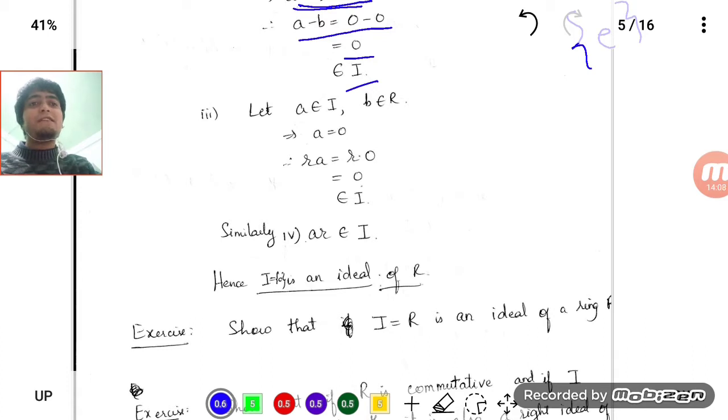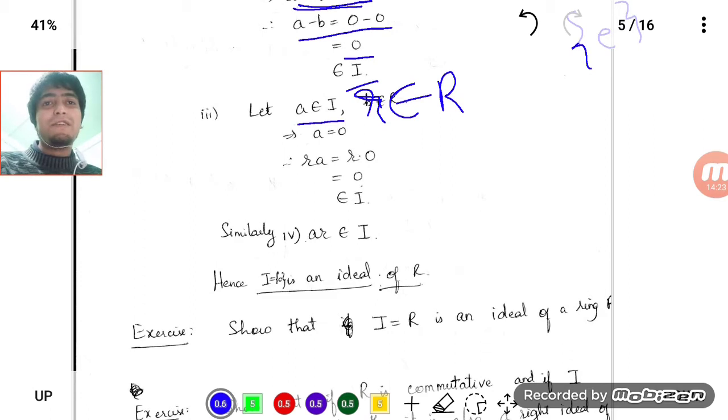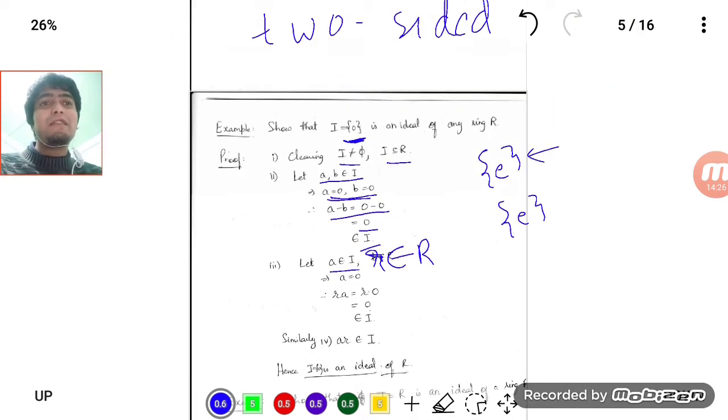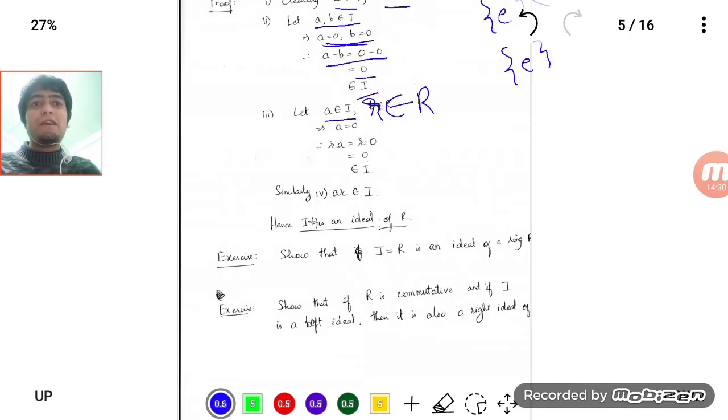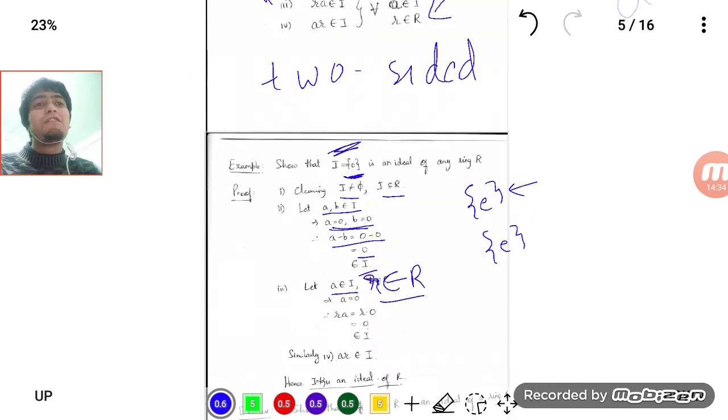Okay, for the third condition, a belongs to I. Oh, sorry, over here it should be r. r belongs to R, and a belongs to I. It consists only of 0. How do I know that? Because it is given. But you cannot put r equal to 0 because it belongs to R. Over here, you don't know what the ring R is.